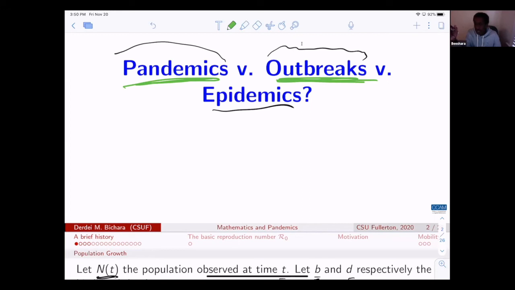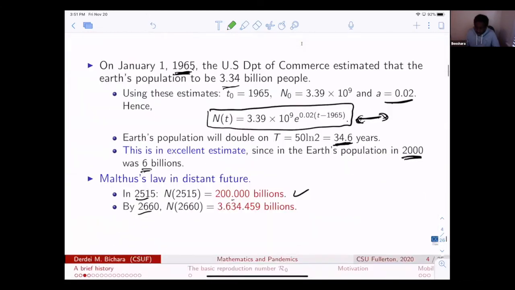Because our life expectancy as a human, it depends on a country, but let's say it's 90. Whereas the outbreaks and the pandemics usually last around a couple of months or 1 year at most. Good. So we could neglect the vital dynamics. However, for epidemics, we need to include the birth rate and death rate because they are here to stay.